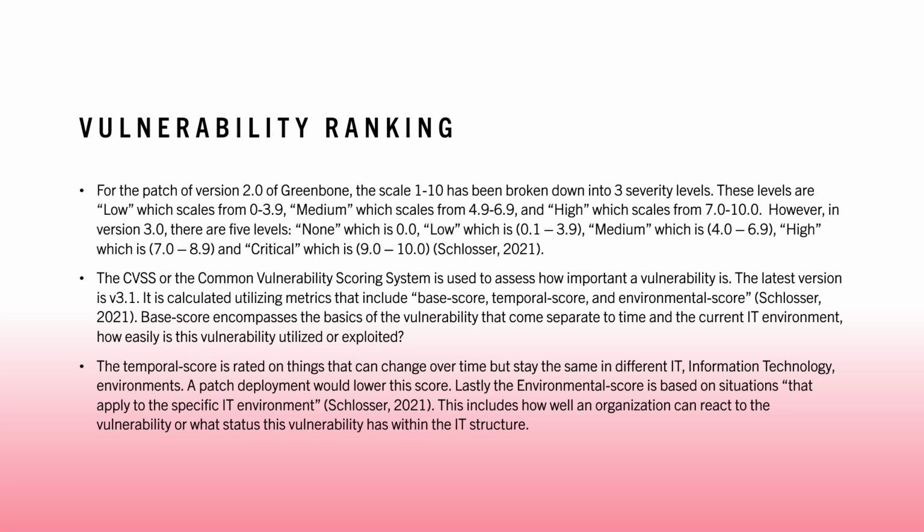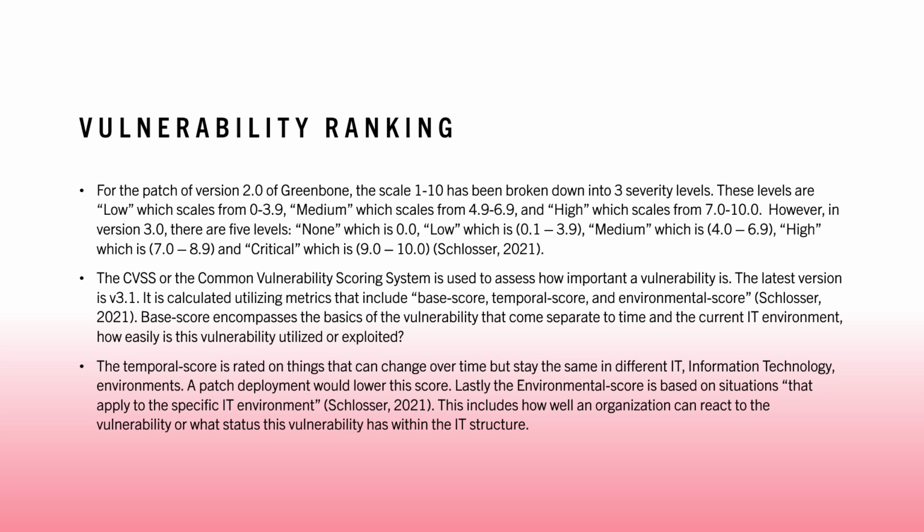However, in version 3.0, there are 5 levels: none, which is 0.0, low, which is 0.1 through 3.9, medium, which is 4.0 through 6.9, high, which is 7.0 through 8.9, and critical, which is 9.0 through 10.